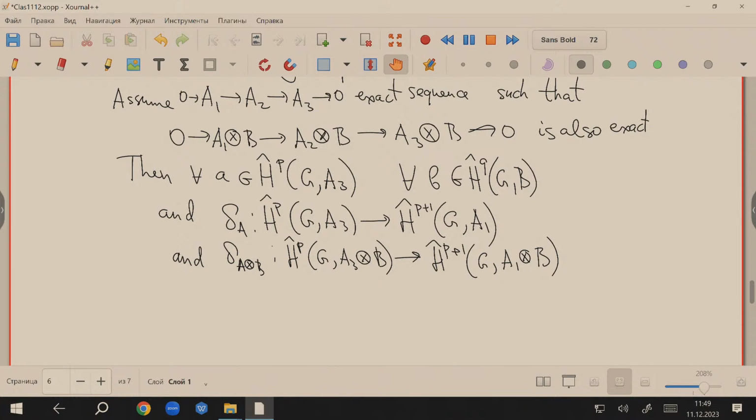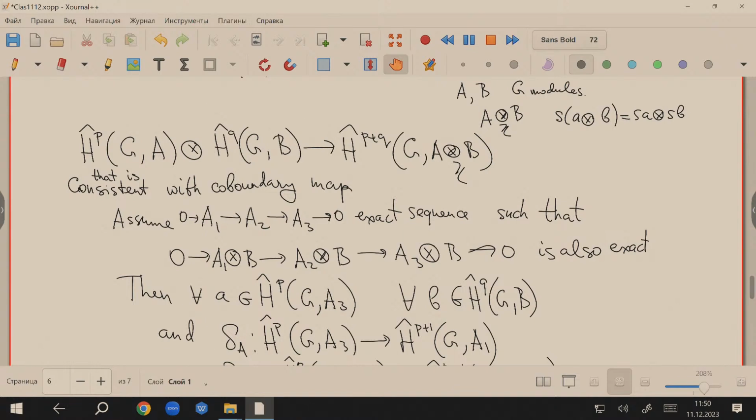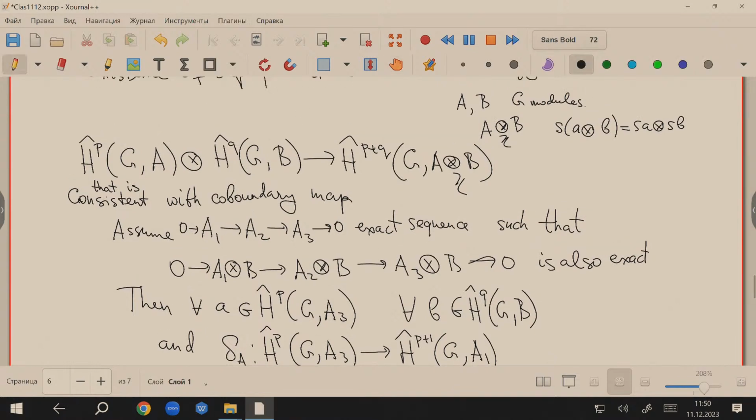So you shouldn't claim that here you have an injection. So you have this coboundary map, then you have consistency conditions about the cup product. Here we denote that this is a cup product.